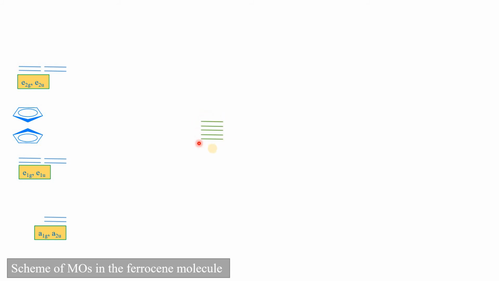These are 5 because the d orbitals are 5 in number, and these d orbitals under the ligand field of the two Cp rings change from dz2, dxy, dyz, dzx to A1G, E1G and E2G. A is singly degenerate, E is doubly degenerate. 1 plus 2, 3 plus 2, 5. So their total is 5.